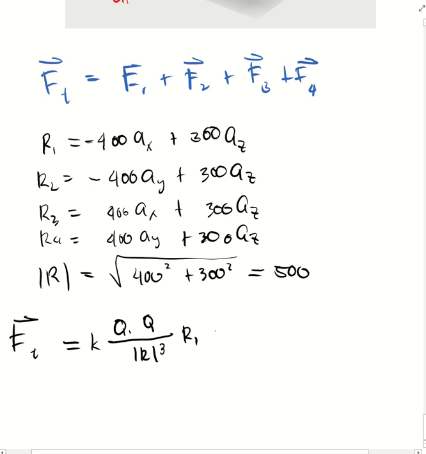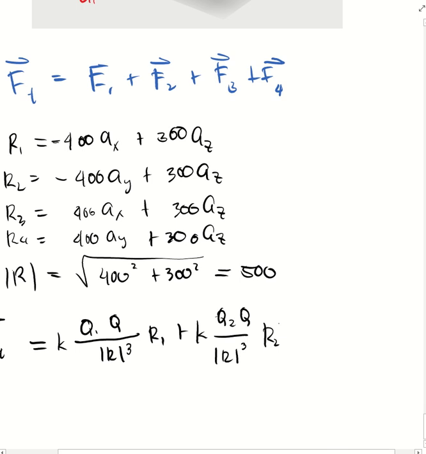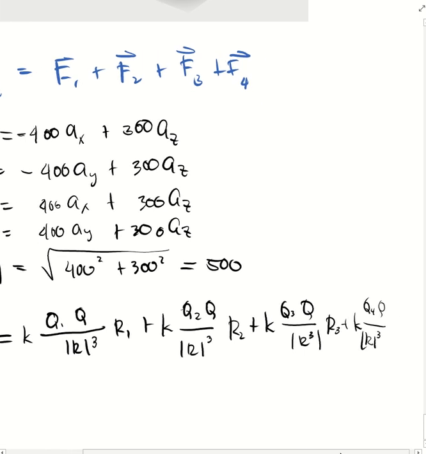Then F2, K Q2 times Q all over still the same magnitude, times R2. Then plus K Q3 Q over R cube, times R3, then lastly K Q4 Q over R cube, times R4.